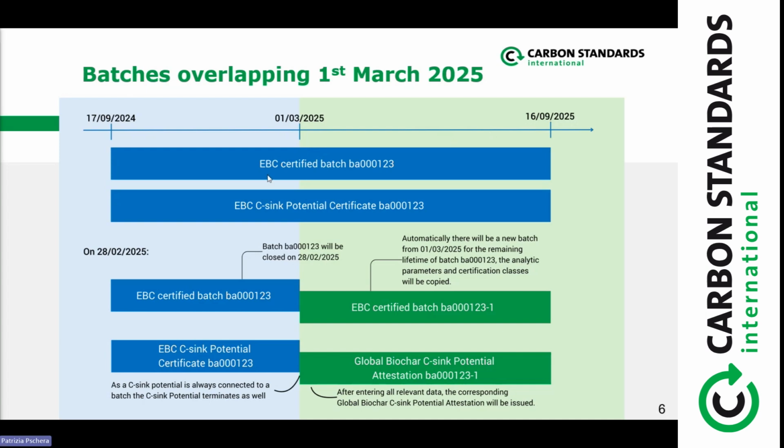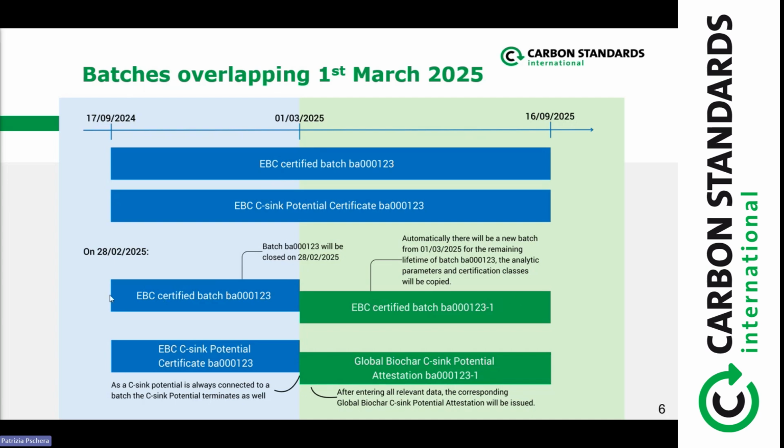So we would have this EBC certified batch and the corresponding C Sink potential. And now what happens is that on 28th of February, we will close the EBC certified batch and we will open an EBC certified batch for the remaining runtime of the batch, which has the same certification class, has the same analytic parameters, and will be automatically certified.